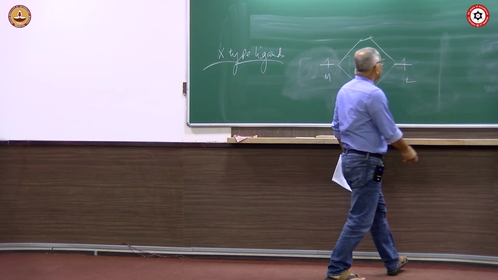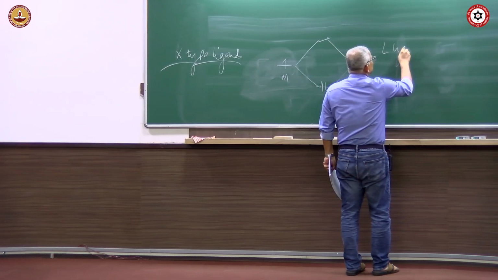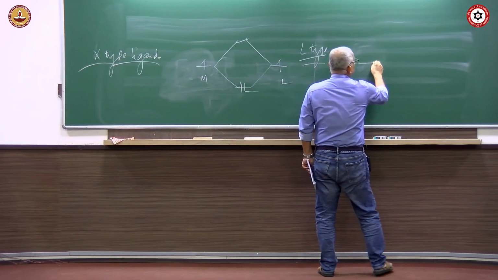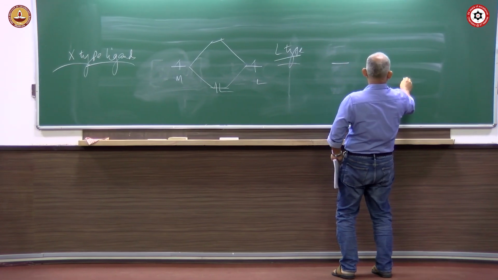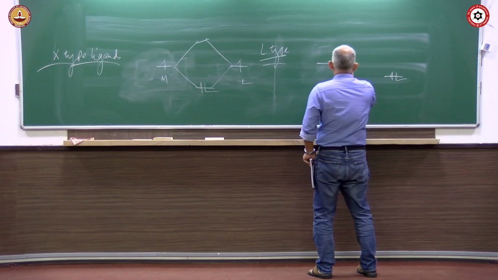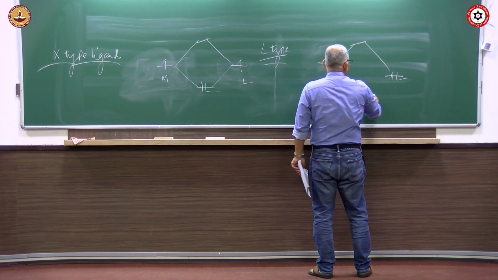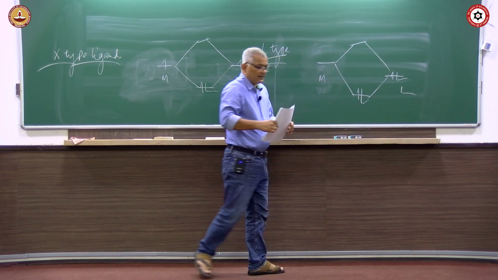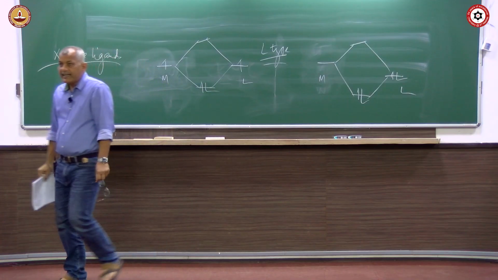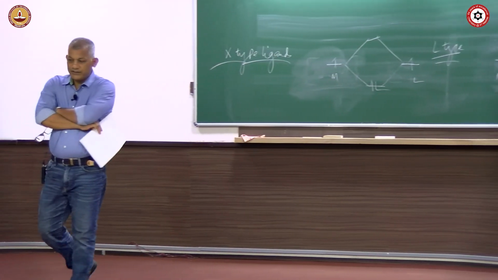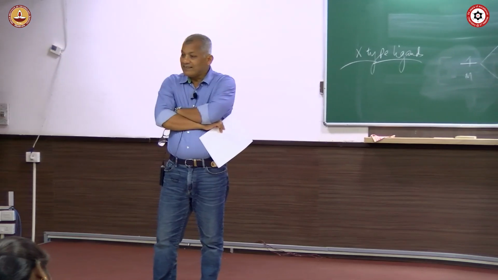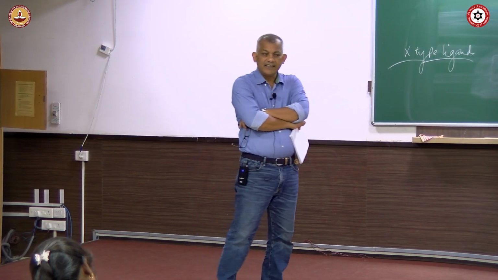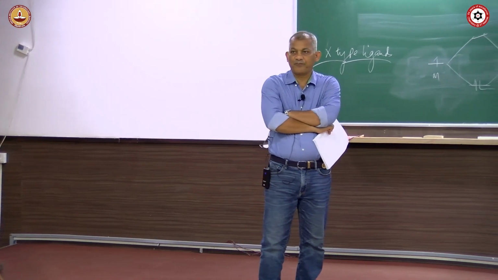Another type of ligand is called L type. In an L type ligand, the metal does not give any electron, but the ligand gives 2 electrons.